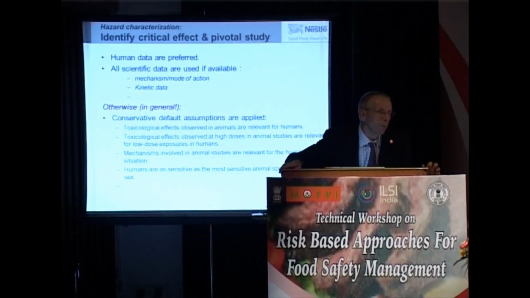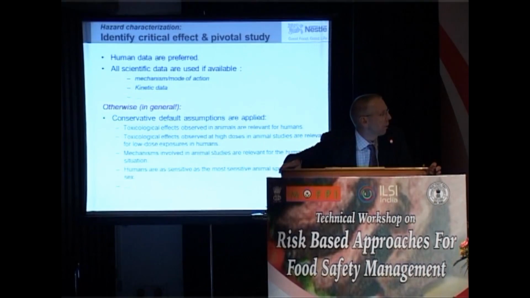And the second very fundamental information we will get is the definition of what we call the pivotal studies, which are the most important studies. In general, this is based on animal studies. And we don't really know whether they are relevant for humans because there is not enough comparative data, but we use some conservative assumptions.